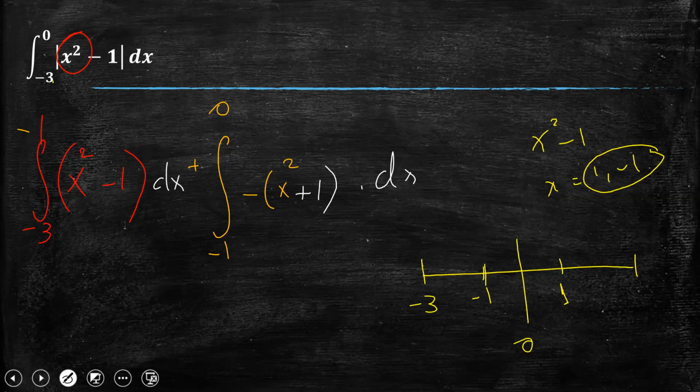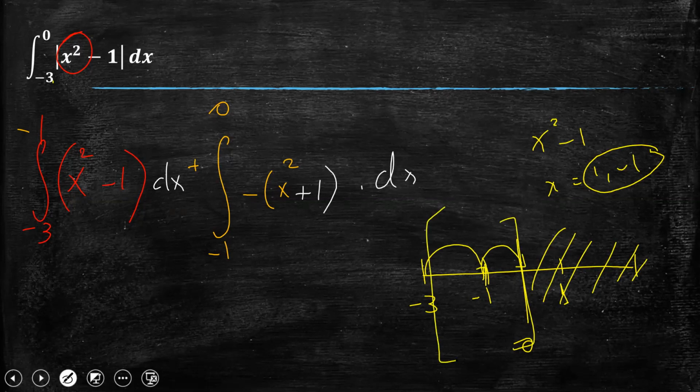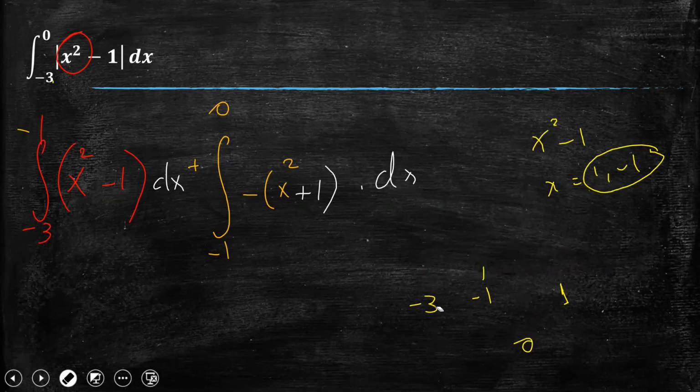At negative 1, I have to stop here. There's a gap, a disconnecting point. So I will say from negative 3 to negative 1 and from negative 1 to 0. I didn't continue because my interval is only between negative 3 and 0. Okay, teacher. Thank you.